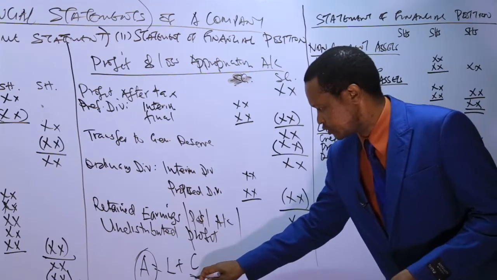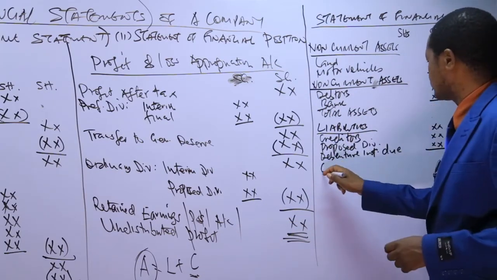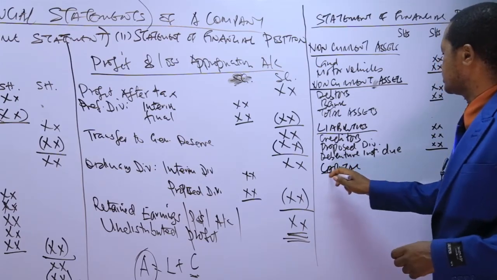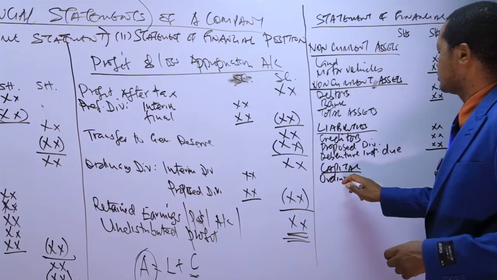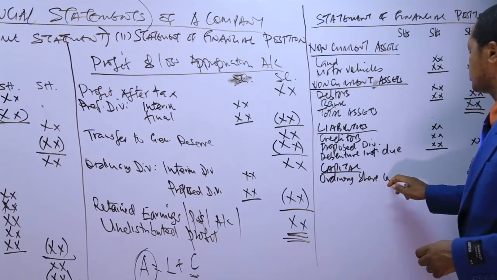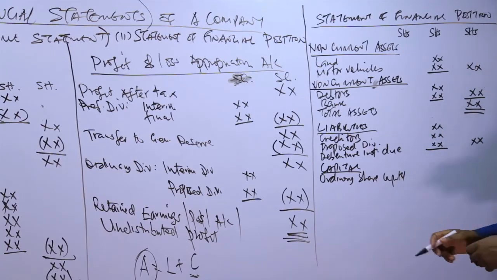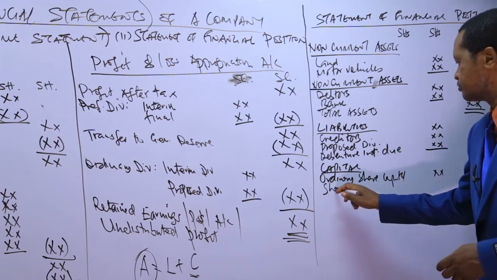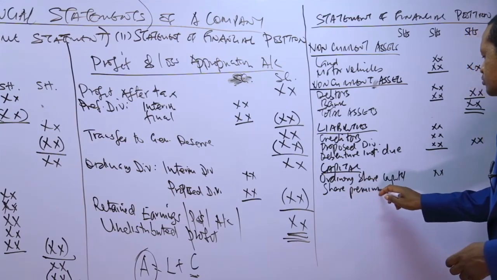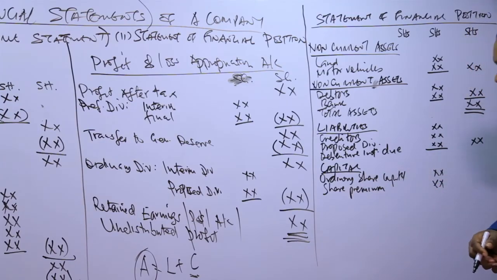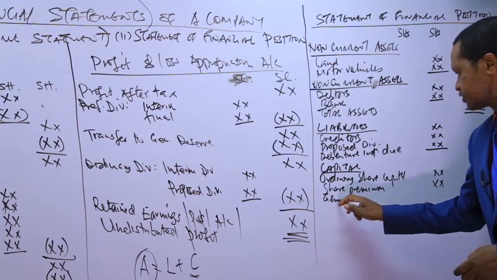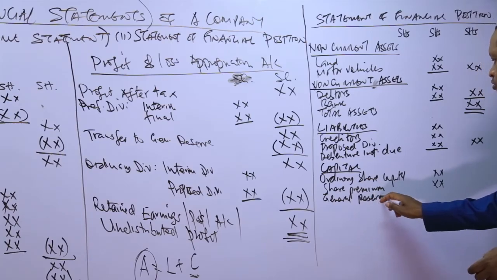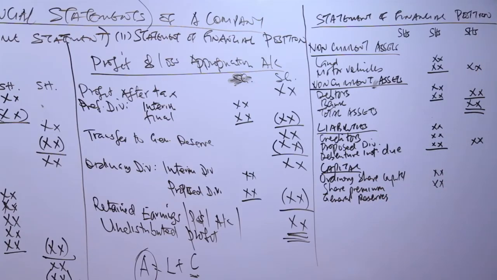Then we add the capital. Now the capital will comprise the ordinary share capital, the share premium, we add general reserves, the general reserve or any other reserve like the capital redemption reserve, the revenue reserve, and so on.